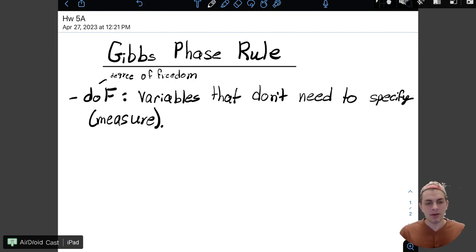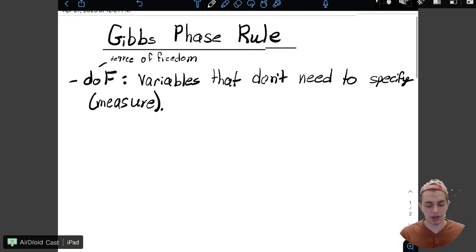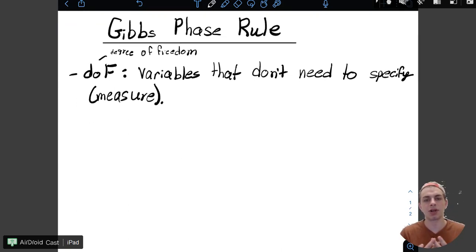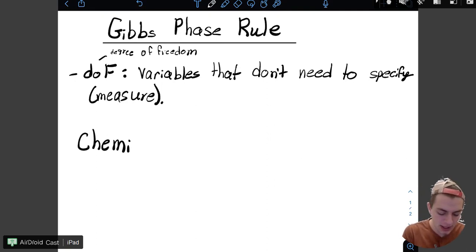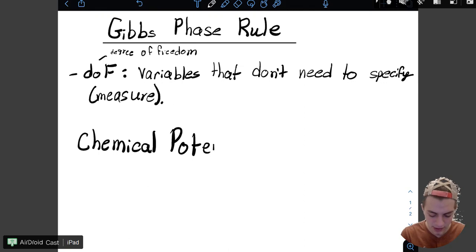Okay, so we defined a degree of freedom, and from here we need to talk about what the definition of chemical potential is. I don't think this is something that is generally discussed in a first-year chemistry course. This may be more of a physical chemistry topic.